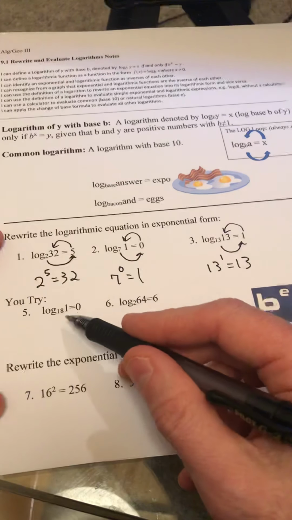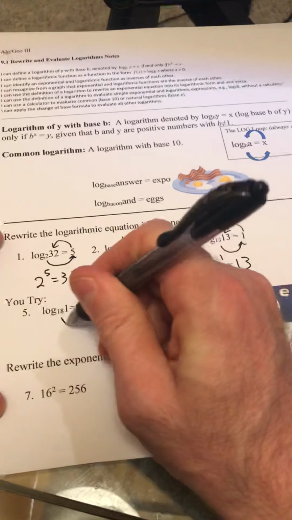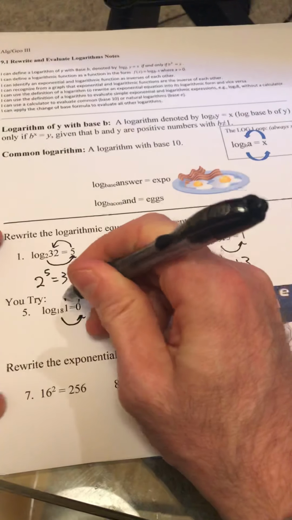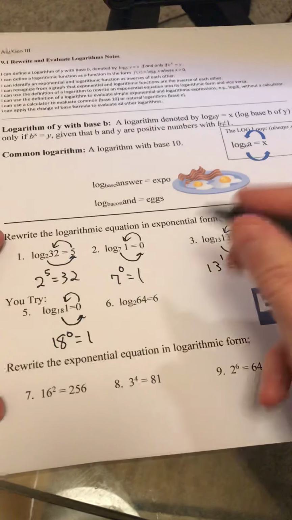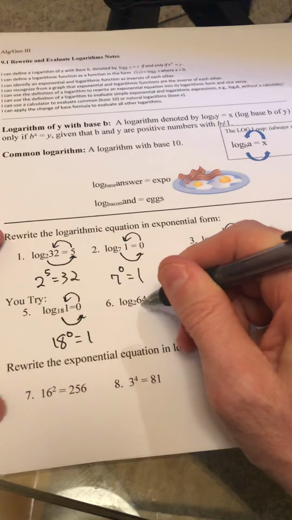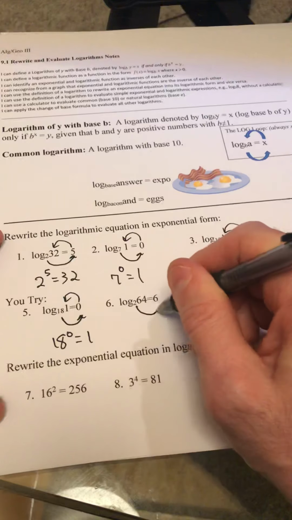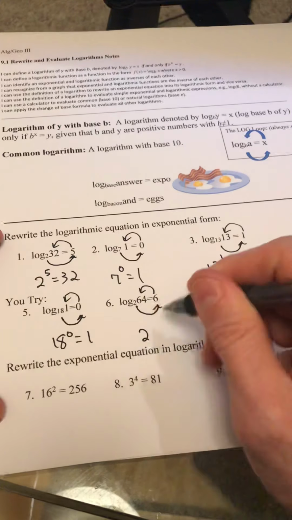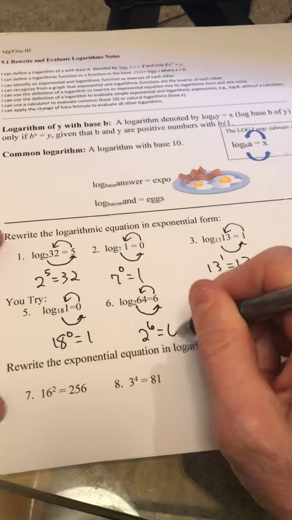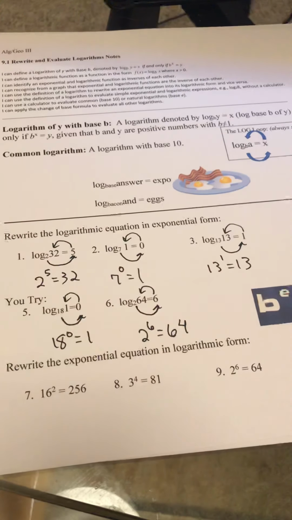If we have log base 18 of 1 equals 0, again, we'll set up a log loop. 18 to the 0 equals 1. And one final one, log base 2 of 64 equals 6. So again, when we do our log loop, 2 to the 6th equals 64. So those are going from logarithmic form to exponential form.